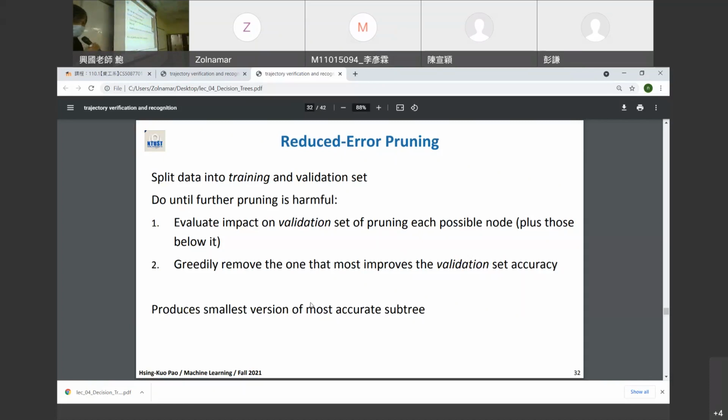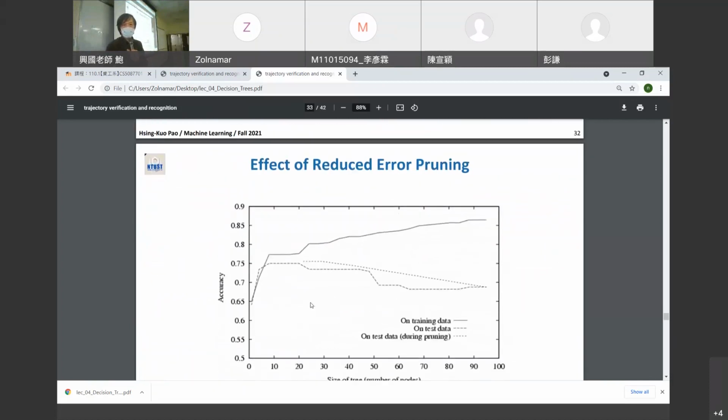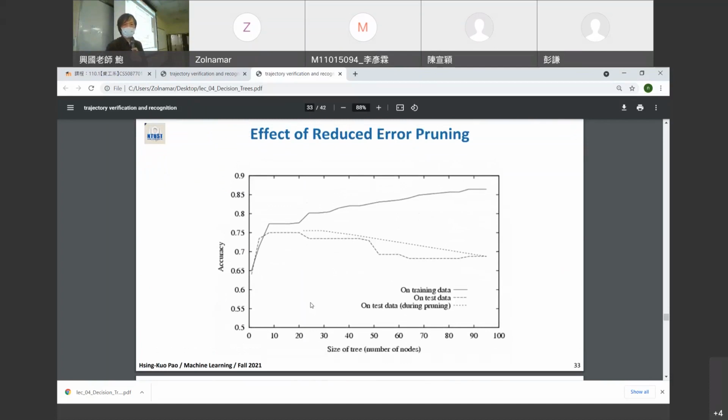There are several strategies other than this. One thing we can try is post-pruning. Pre-pruning means we grow the tree and after a certain moment we stop.